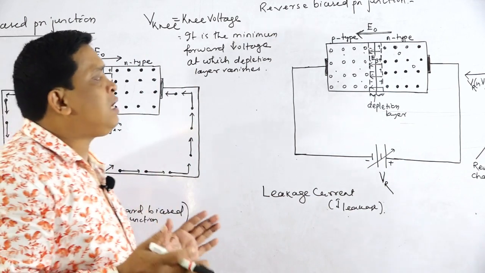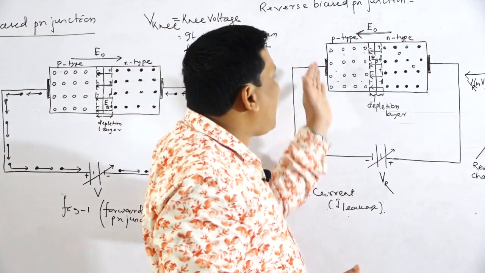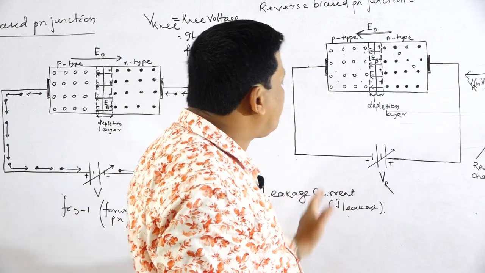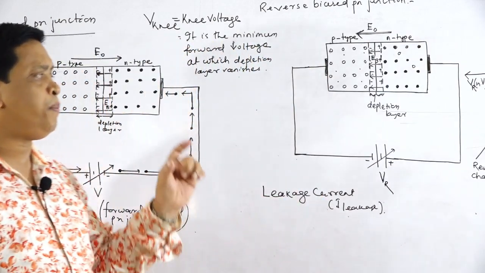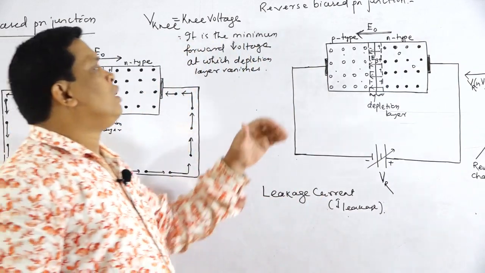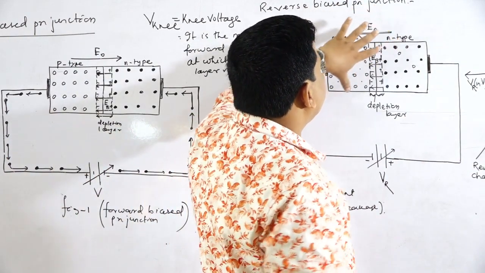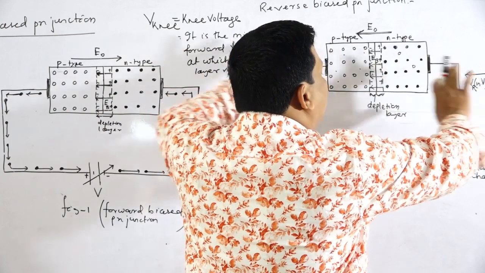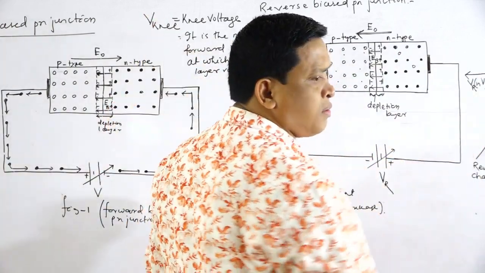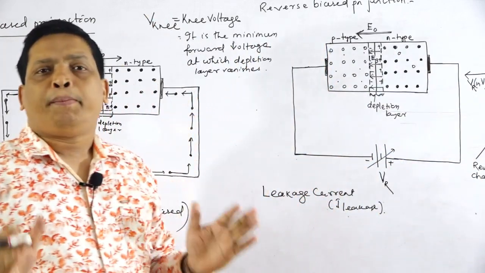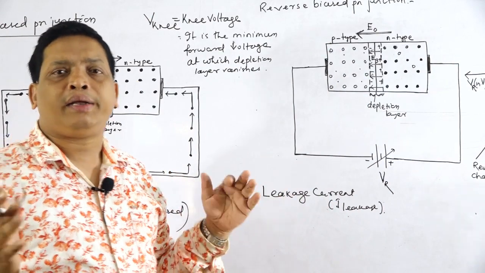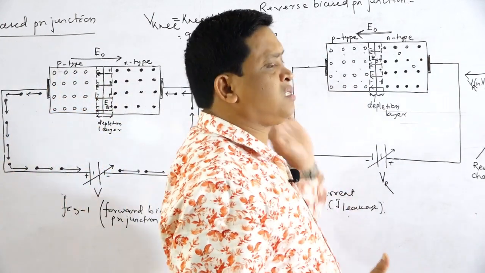So we see that under reverse biasing condition in a PN junction, the width of the depletion layer increases. The majority charge carriers are pulled away from the junction. So practically no current due to the majority charge carriers.